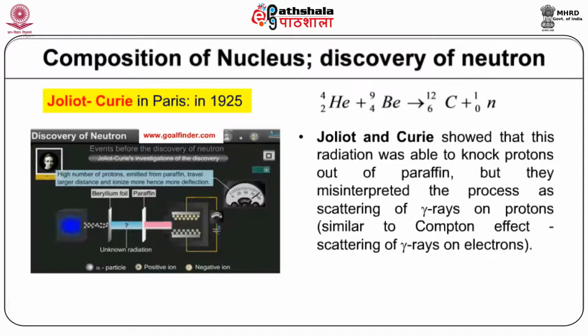This energetic gamma ray was knocking out the protons from the paraffin, similar to what we have seen in the Compton effect, where gamma rays knock out electrons from the orbit in an atom.